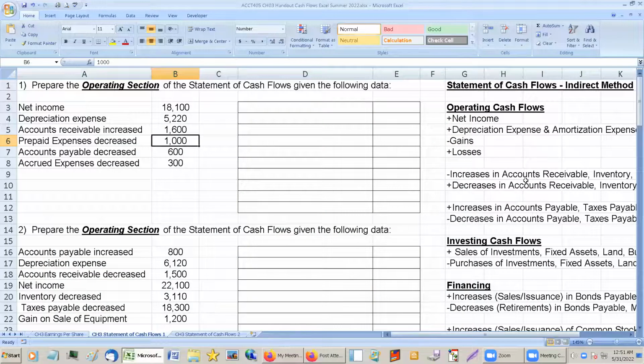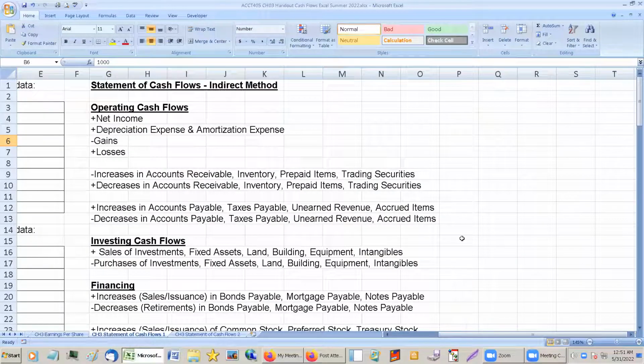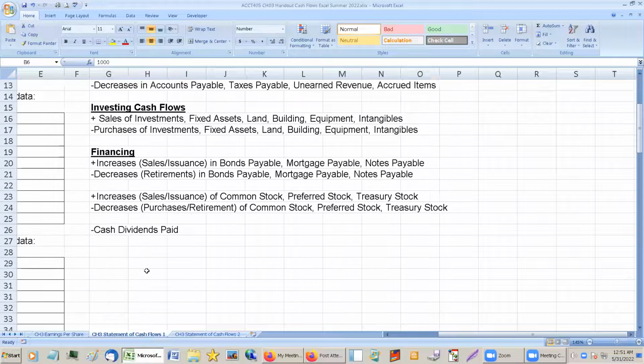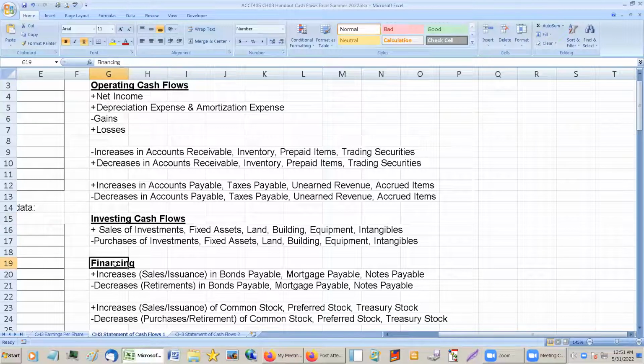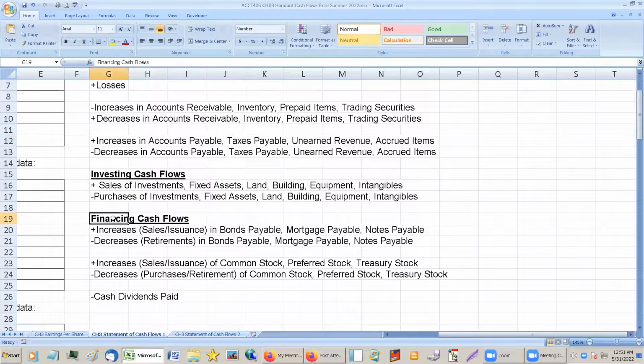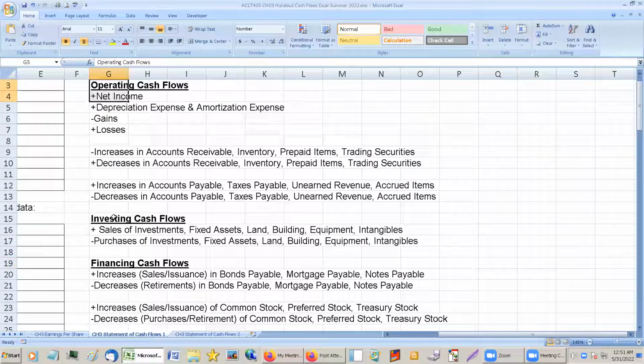Okay, there are three sections to it. We have the operating, investing, and the financing. So the operating cash flows, investing cash flows, and financing cash flows.